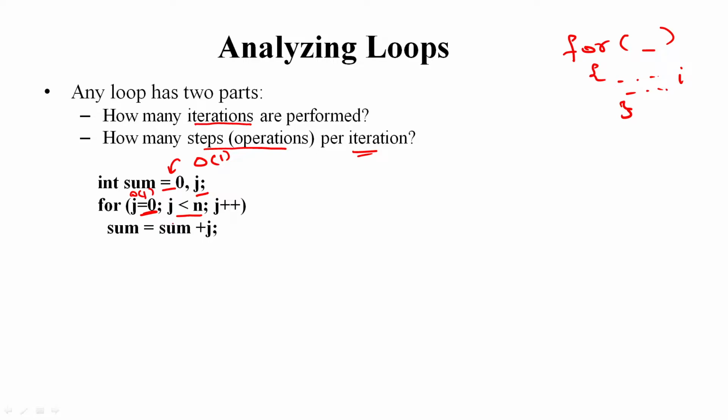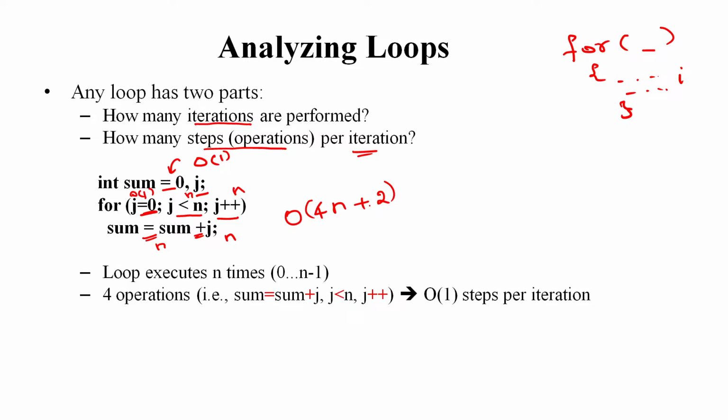Then the comparison statement also consumes order of 1, but it executes n times. The incrementation also is performed n times. Then the addition is performed n times, and the assignment is also performed n times. So here we are getting 4n plus 2, so order of 4n plus 2.